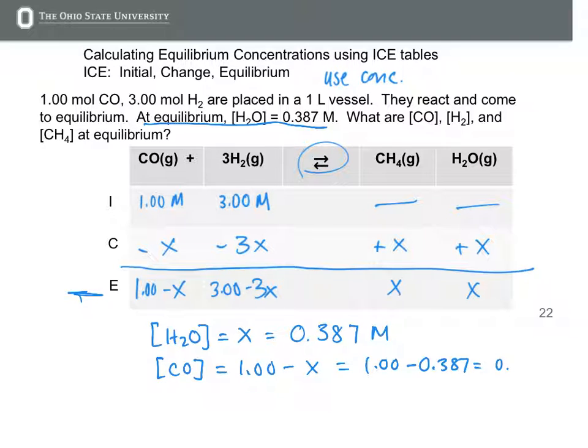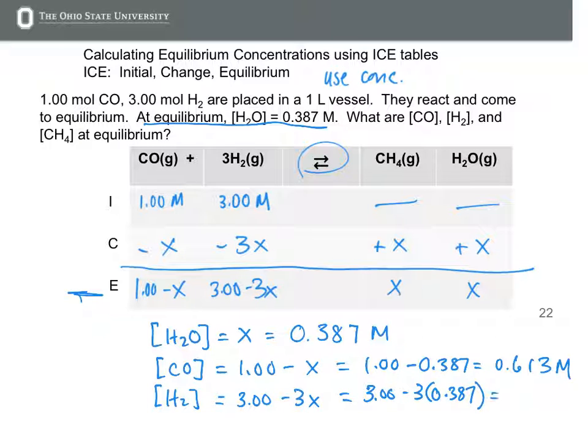Okay, so it's 0.613. Check my math on this one, because I used a different value in my notes. So the concentration of H2 is equal to 3.0 minus 3x. So it's 3.0 minus 3 times 0.387. So that should be 1.839.